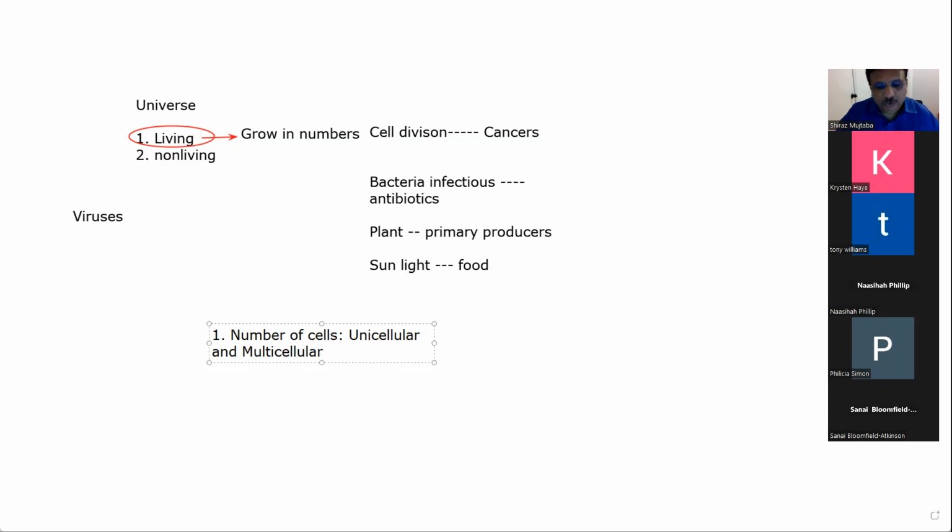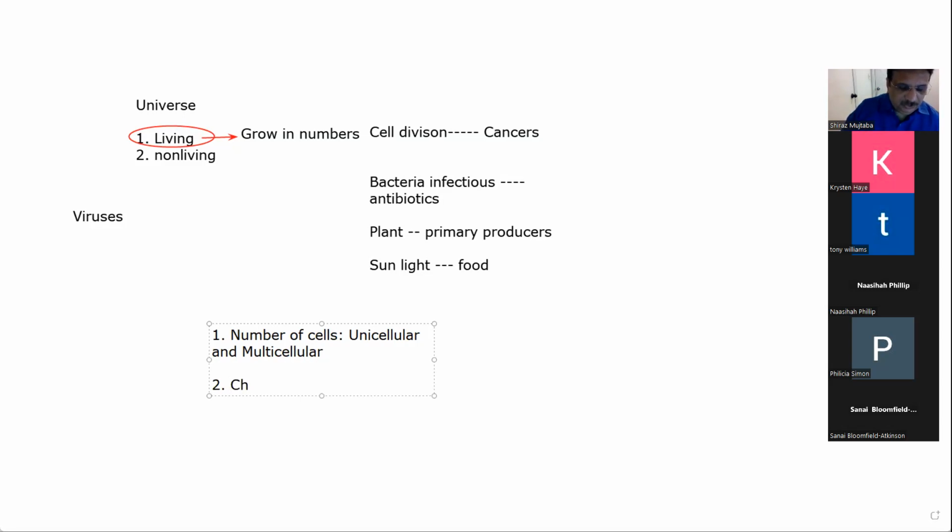What could be the example? Unicellular could be a bacteria, an algae, or fungus. And multicellular could be plant cells, human cells, or any animals or mammals.